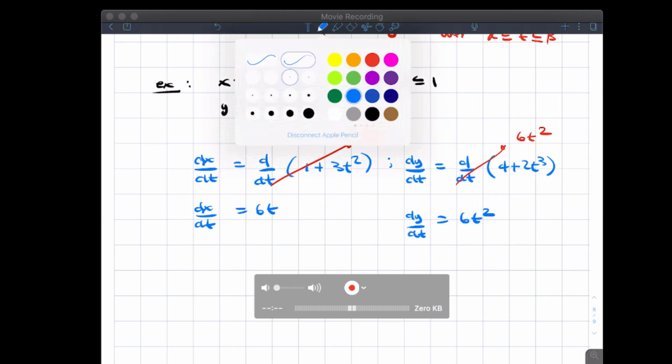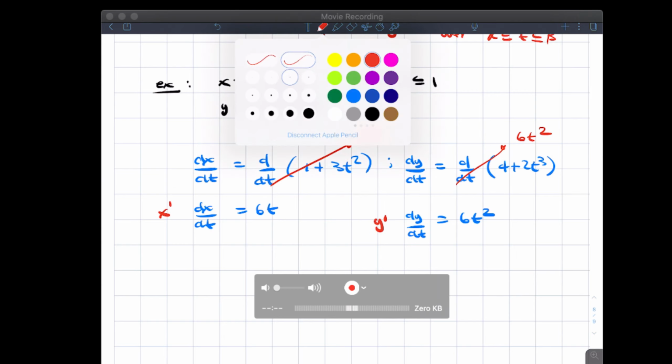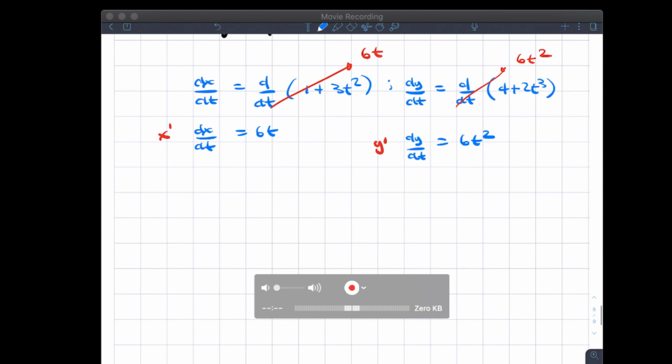Now, sometimes we just write this as x prime, y prime, because as you guys can see, this starts to get heavy in terms of notation. We got a lot of notation here. So we need to square the derivative of x and square the derivative of y and add these terms.